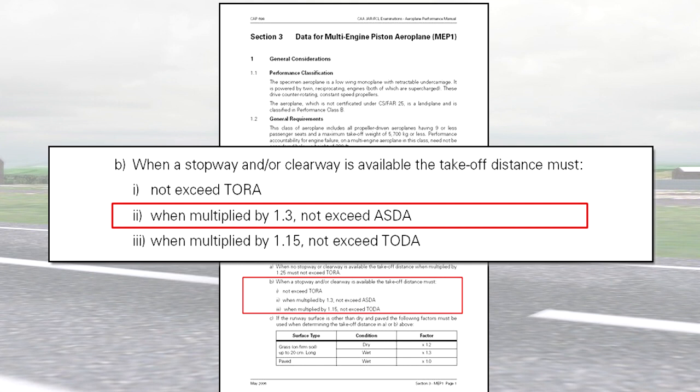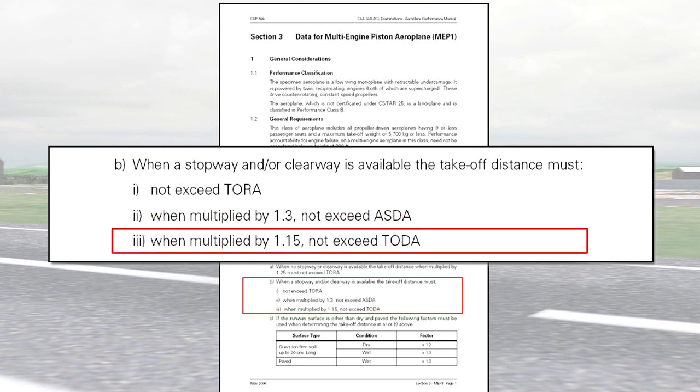Secondly, the takeoff distance, when multiplied by 1.3, must not exceed the accelerate stop distance available. Thirdly, the takeoff distance, when multiplied by 1.15, must not exceed the takeoff distance available. Since these regulations may be a little complicated to understand, let's work through an example to illustrate their meaning.